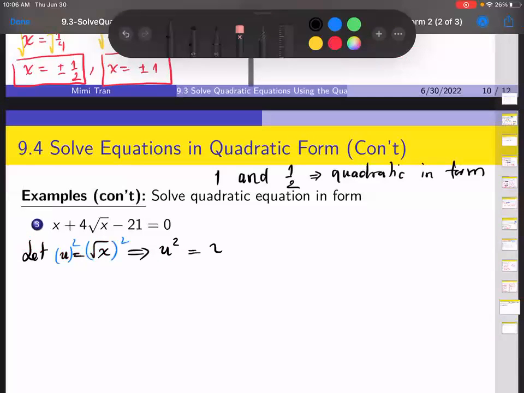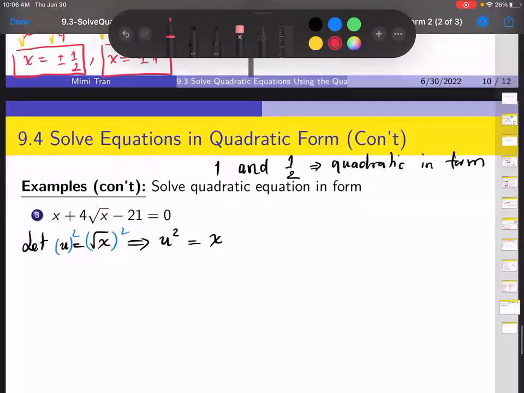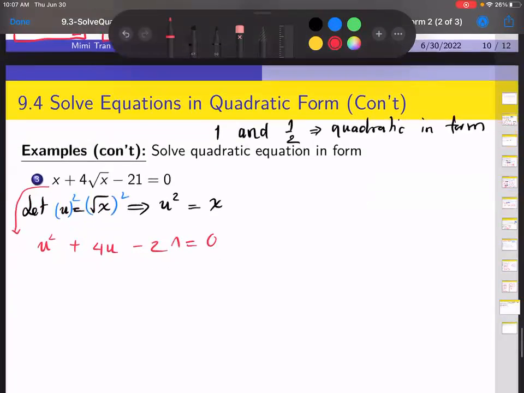It has to be matched. If you let u equal the middle term, when you square it, it has to match the first one. So now you write it in terms of u. So it's going to be u squared plus 4u minus 21. And now you can factor.